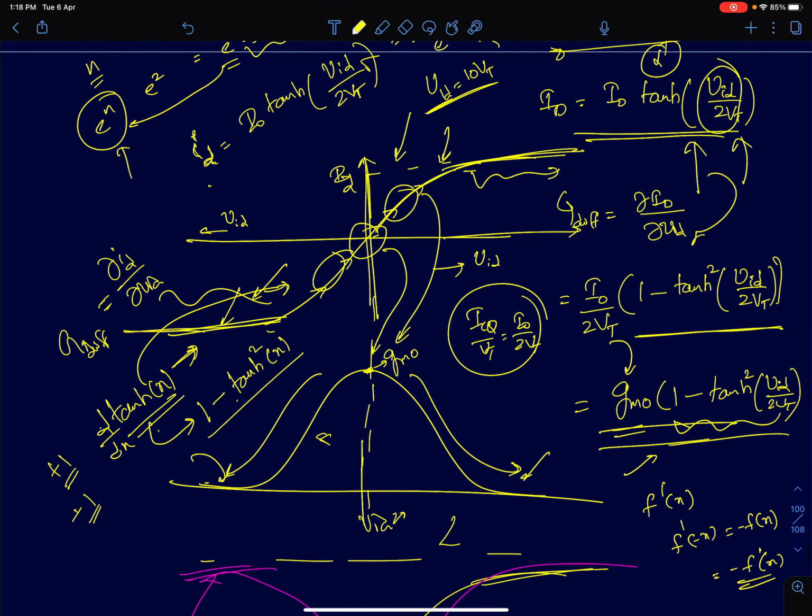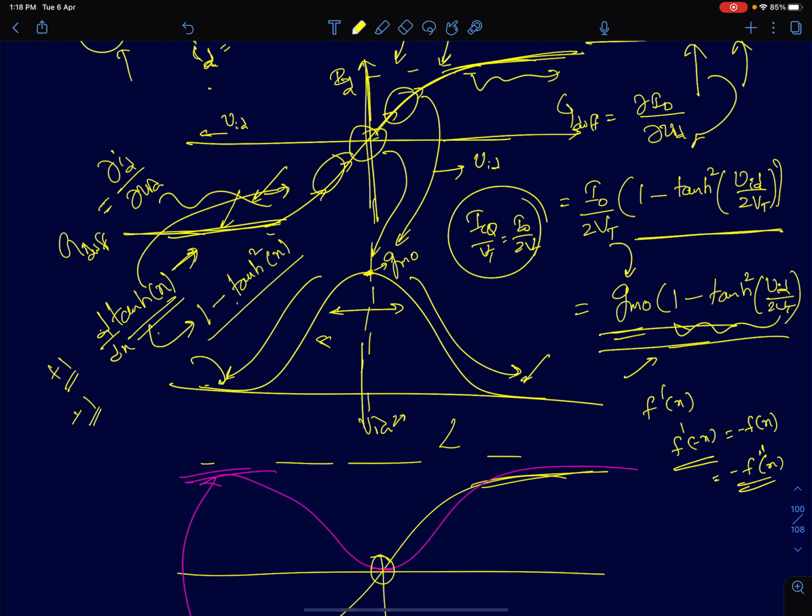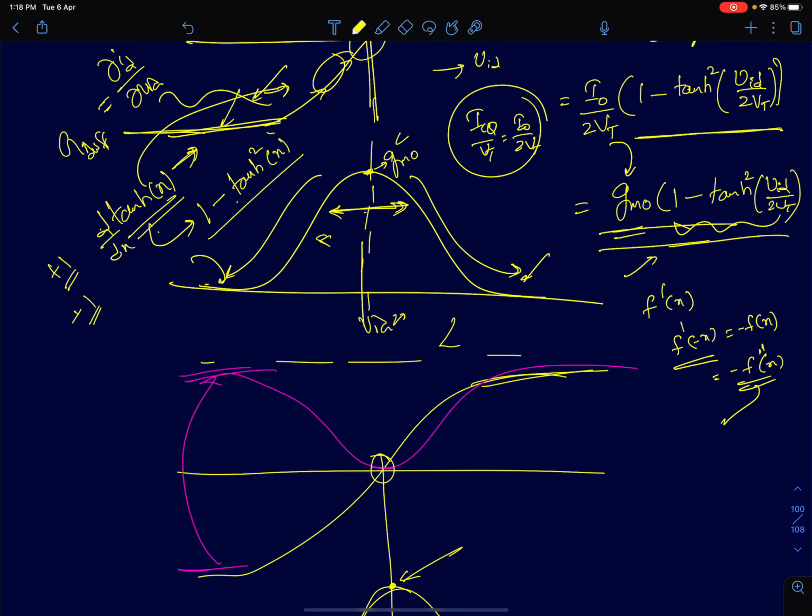So again, the slopes will both be the same on either side.